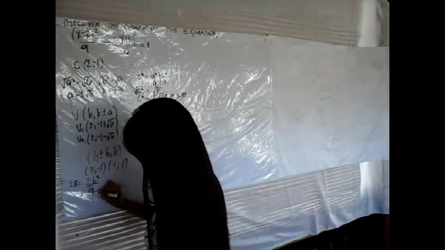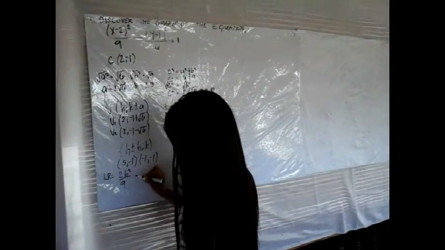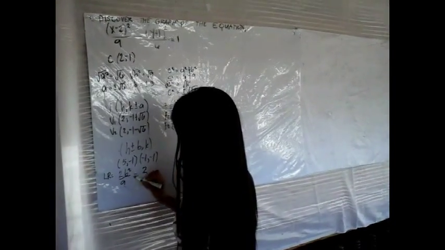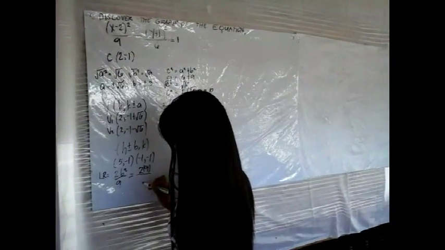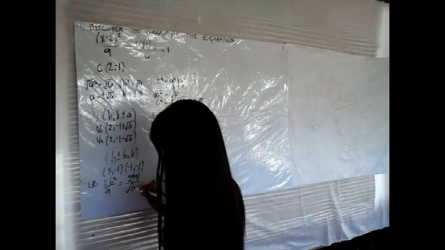To find our latus rectum, by having this formula, we have 2b squared over a, which is equal to 2 times the value of b squared, 9, over the value of a, square root of 6.